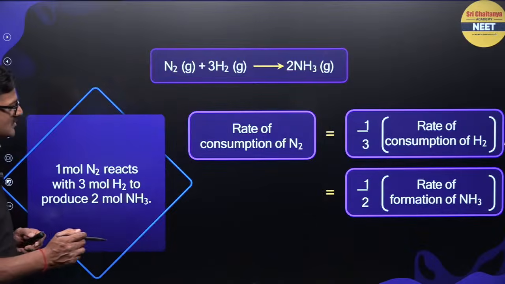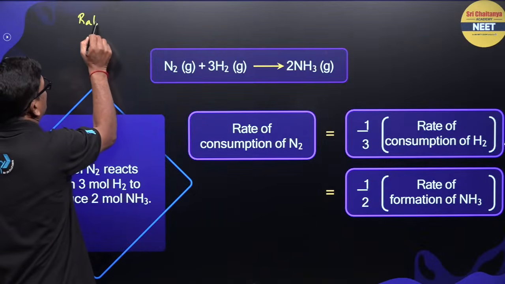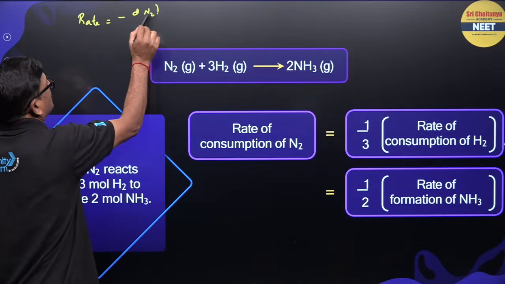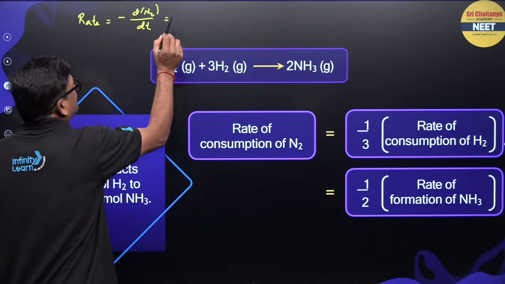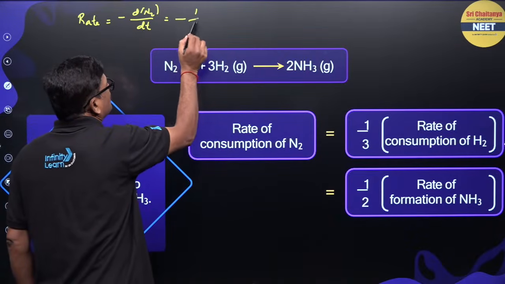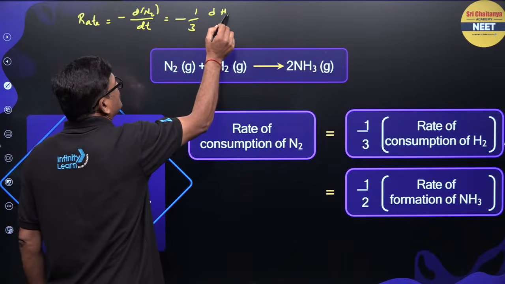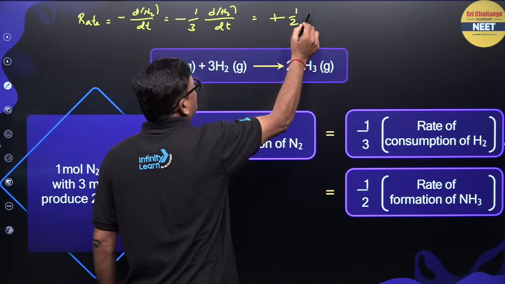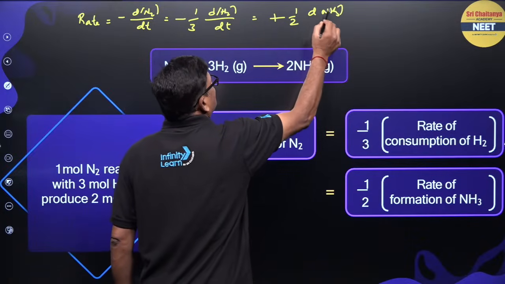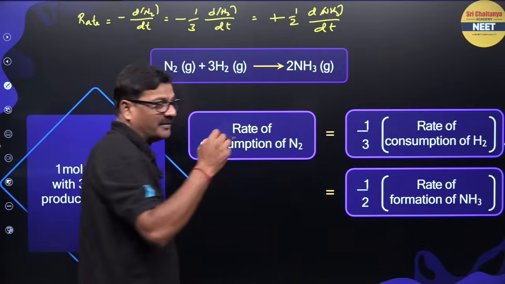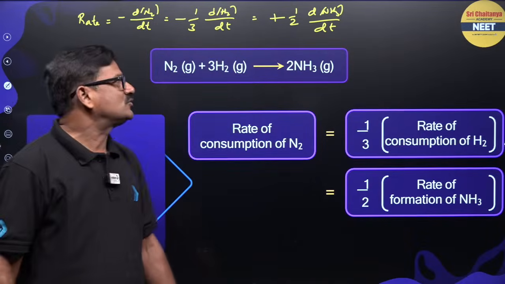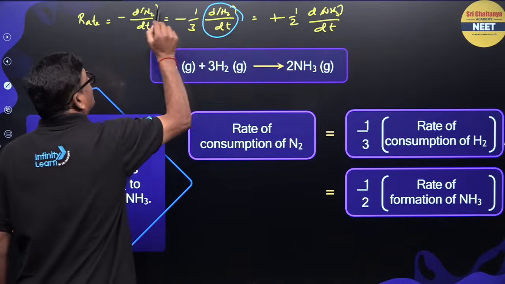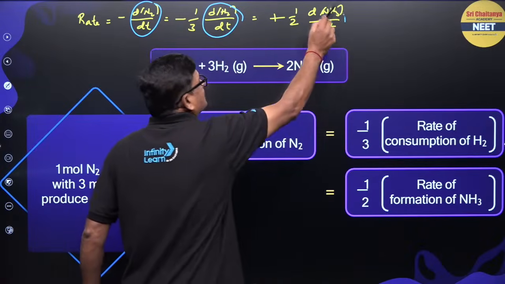That is the reason why I want to say rate is equal to minus dN2 by dt is equal to minus 1 by 3 dH2 by dt is equal to plus 1 by 2 d NH3 by dt. Everybody can write this, but here I want you to see this term, this term, and this term.